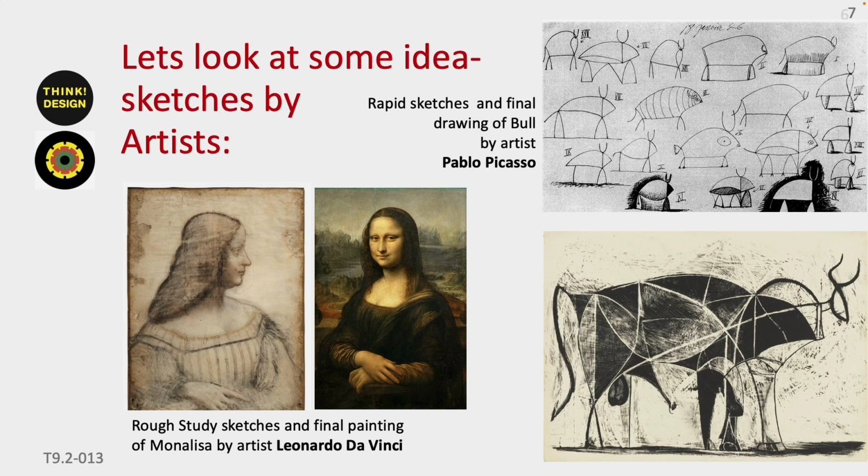He's very famous for drawing bulls and using abstraction to do it. And those are the abstract sketches that he did. You can see how rough and important it was for him to do the sketches, because sketching gives you ways of actually transforming the image. This is sketches by two very well-known artists.